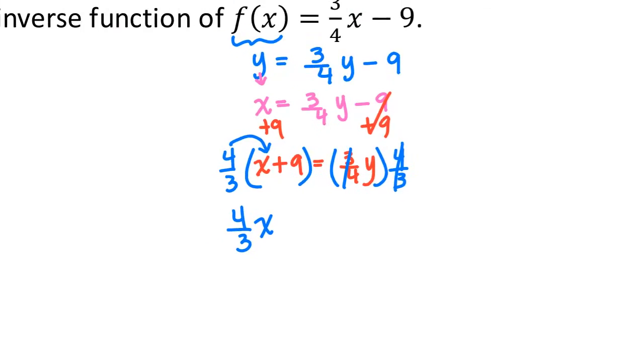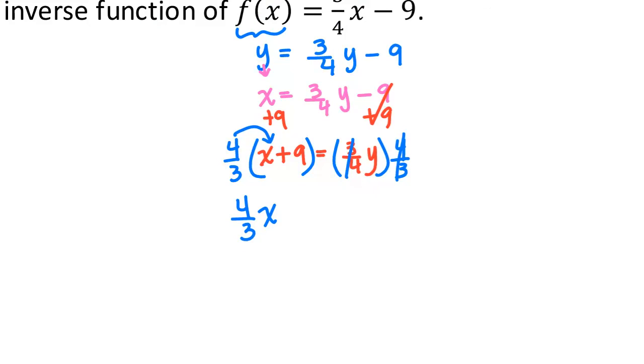In the next one, though, I can simplify. The 4/3 times a 9. You can kind of cross cancel there if you want, but I think it's easier if you do it on the side. 4/3 times 9/1. How many times does 3 go into 9? 3 times, right? 3 goes into itself once, so then you're left with 4 times 3, which is 12.